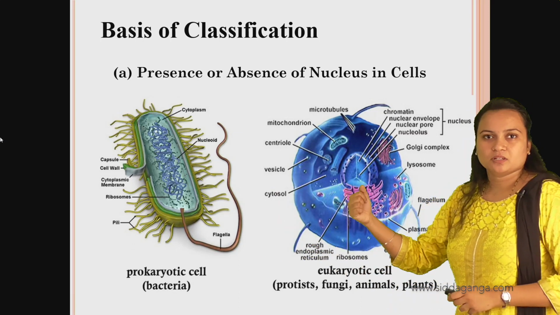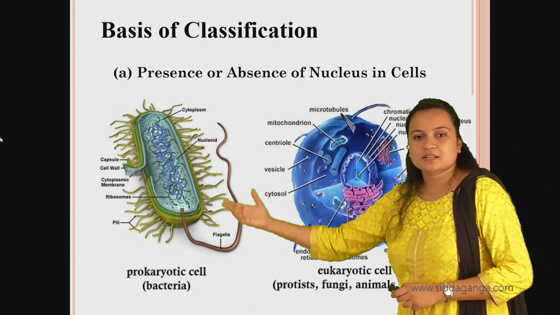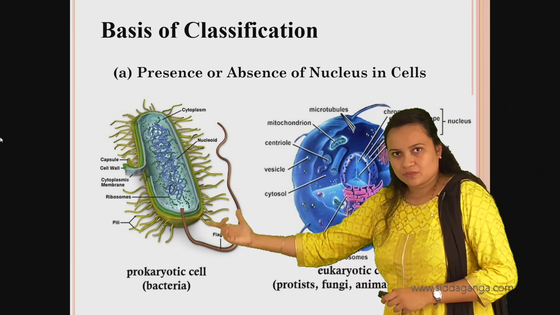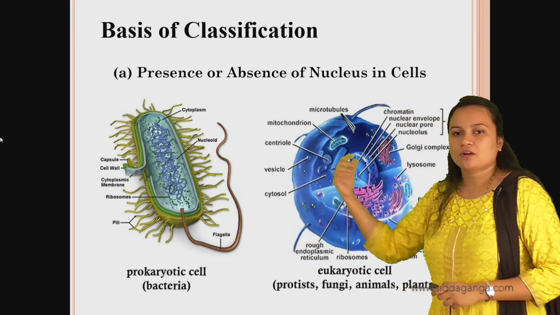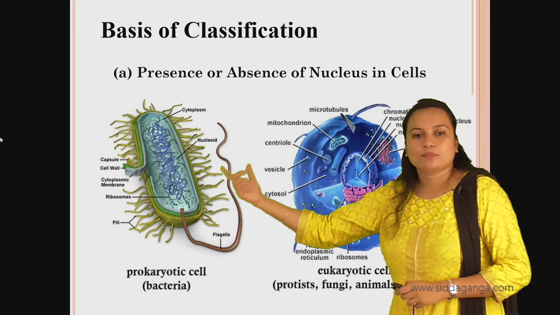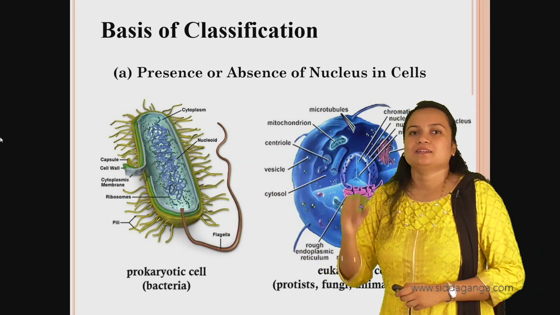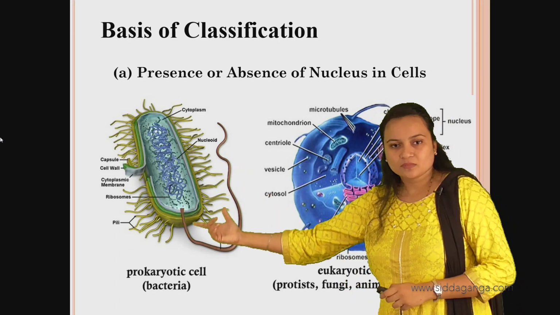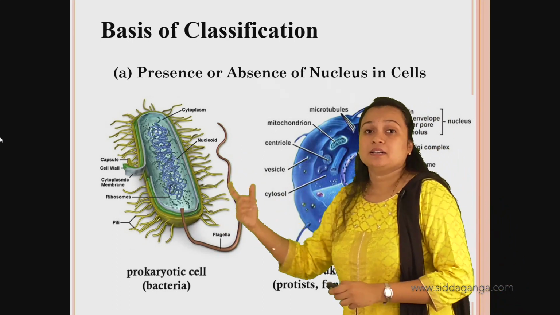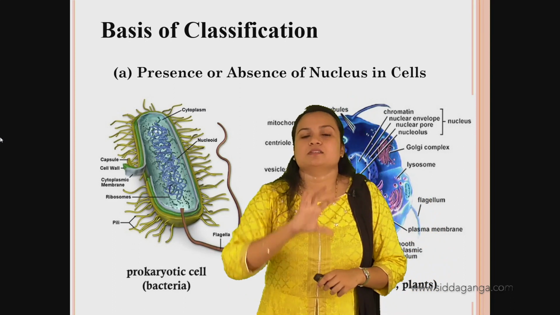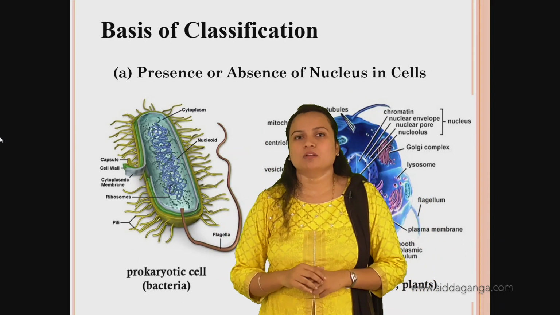What are the characters of prokaryotic organisms? The main thing that differs between prokaryotic and eukaryotic is that the prokaryotic organisms don't have the nuclear membrane, and some of the apparatus don't have membranes on them.